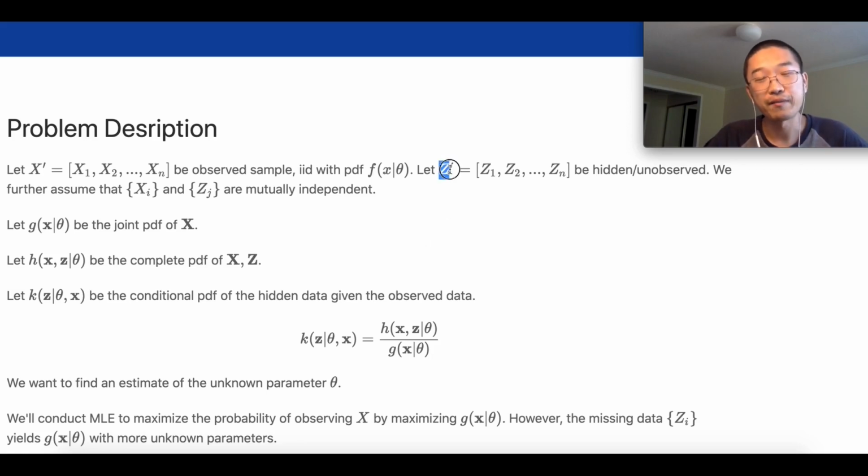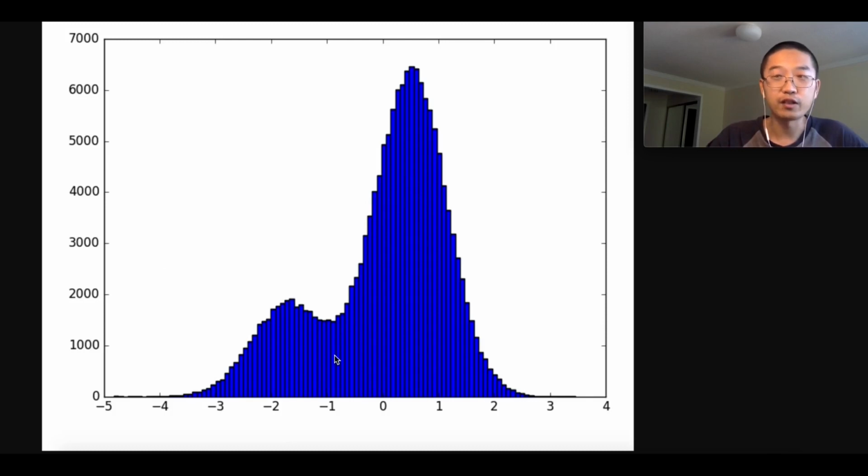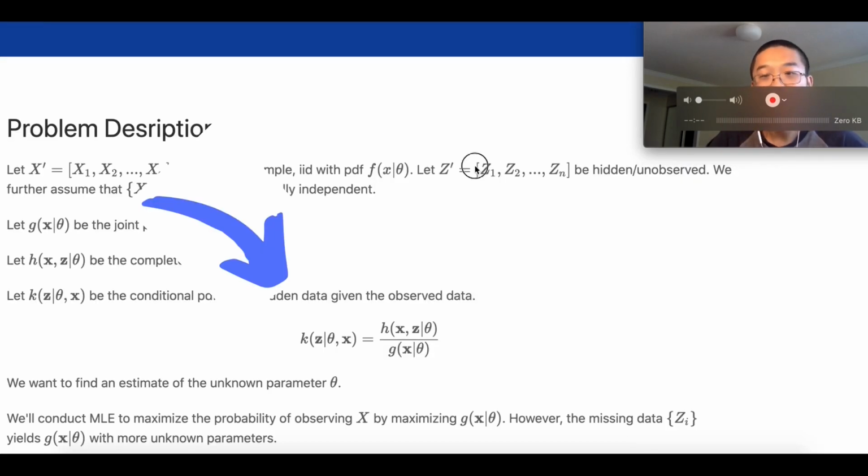We call it z. What is the hidden information I'm talking about? The hidden information is, given a sample, what's the probability that this sample is from the left distribution rather than from the right distribution. So this is an example of hidden information or a hidden data set.